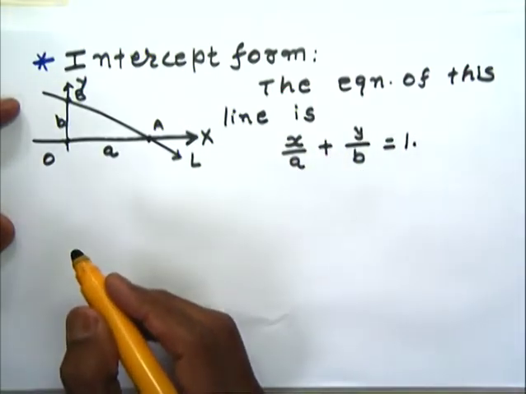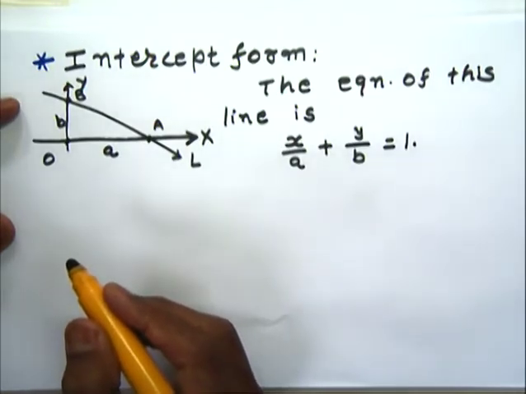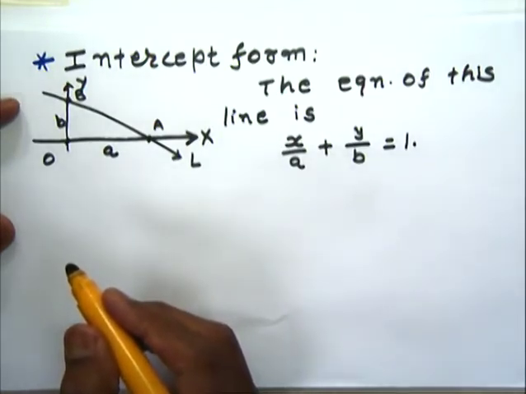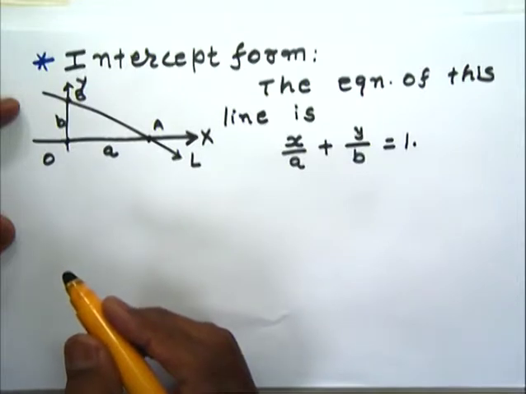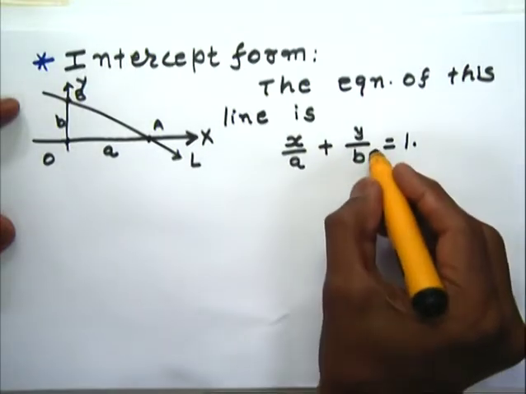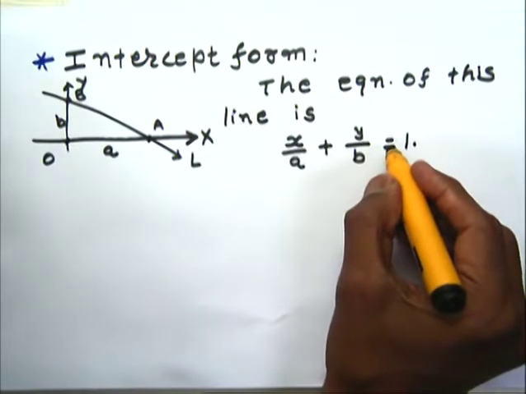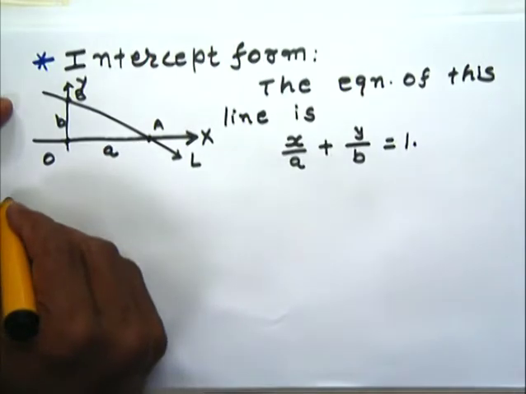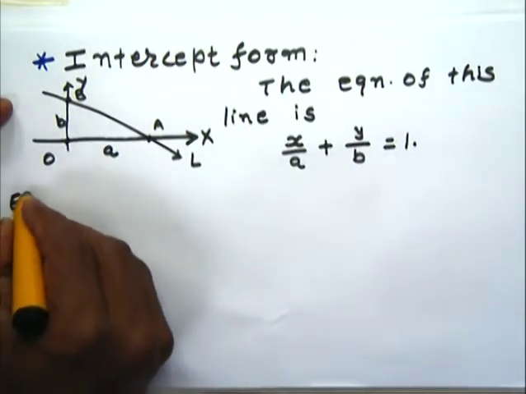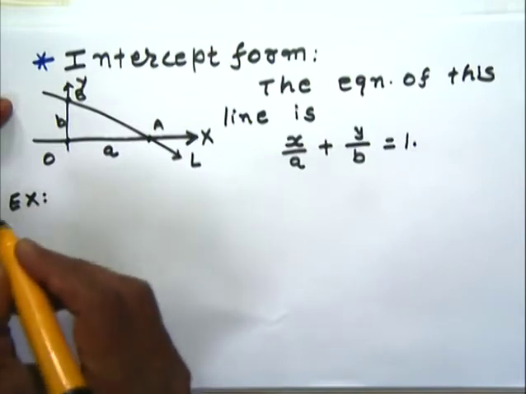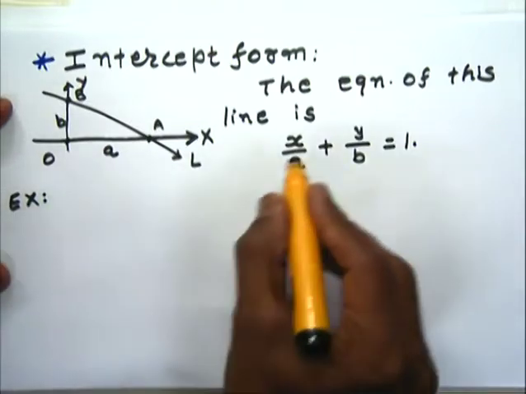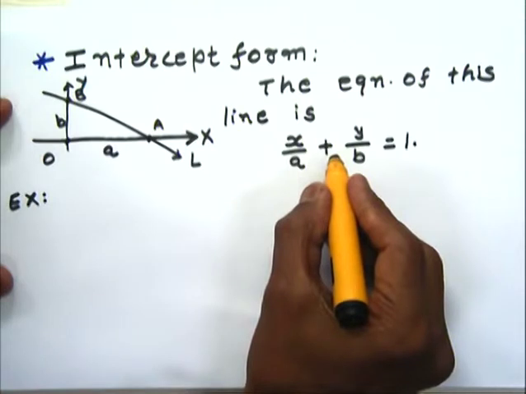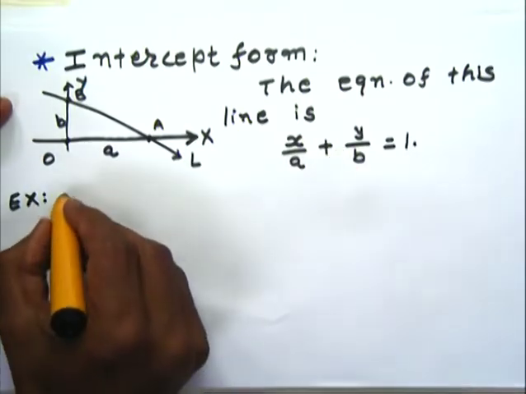So this is the equation of a line which makes intercepts a and b respectively on the axis: x upon a plus y upon b is equal to 1. Let us see now an example in which we apply these different forms.